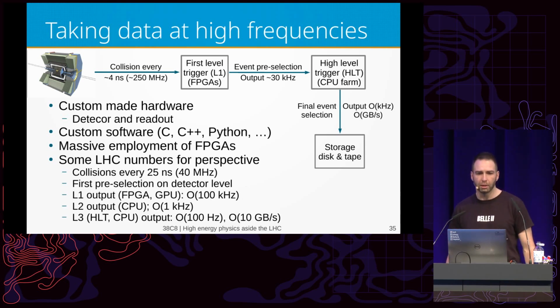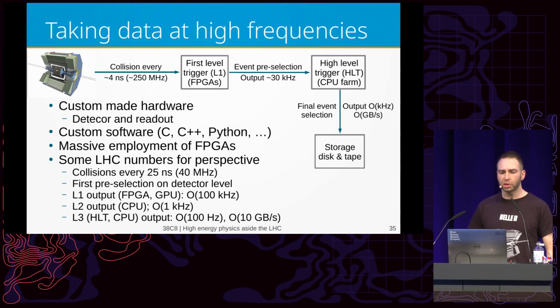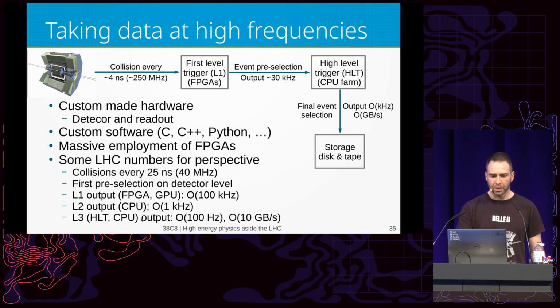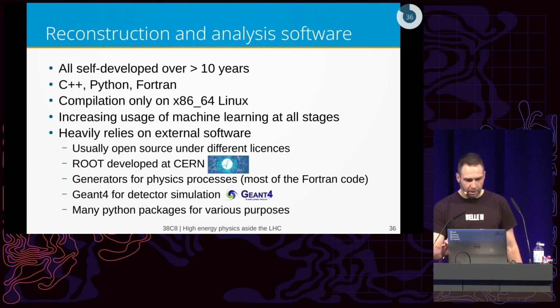Then we have an additional stage called the L2, which is a CPU farm as here, and there the output is on the order of 1 kilohertz. And then we have the final event selection with the high-level trigger. There the output is actually a couple hundred hertz, but it's still 10 gigabytes per second.